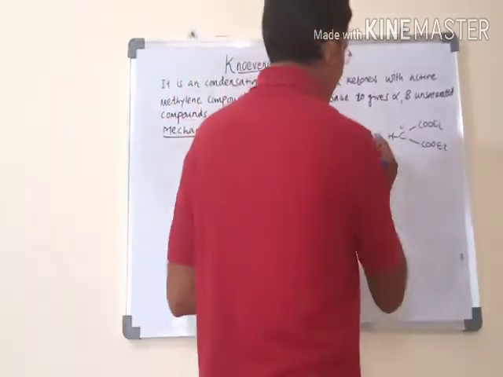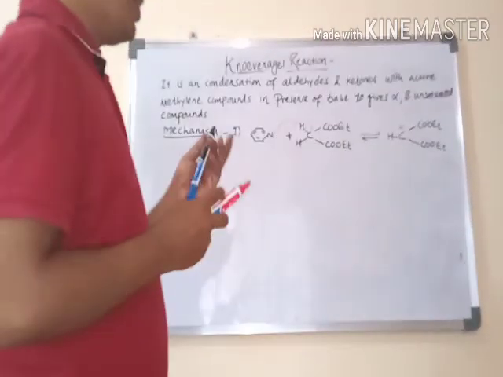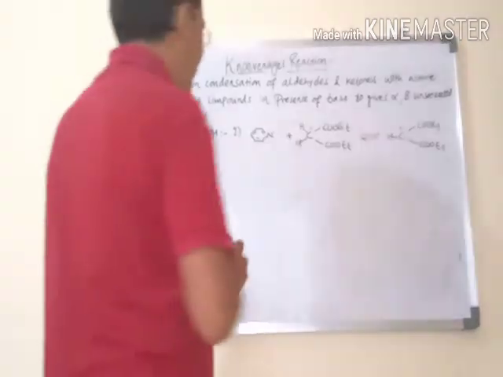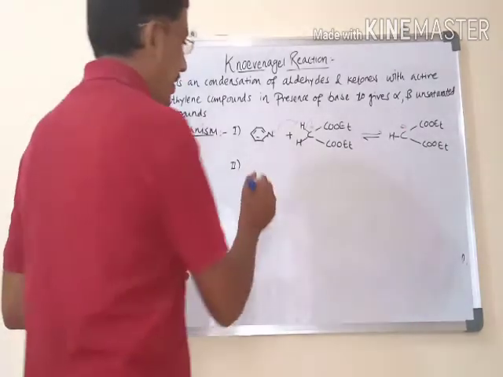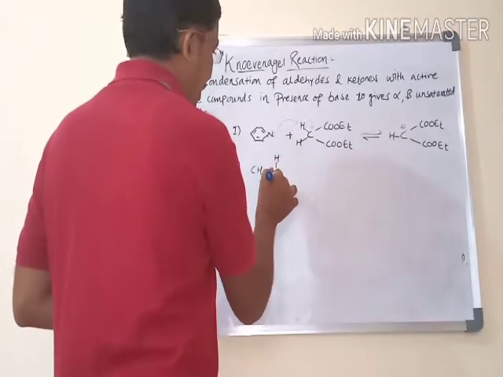Once it generates the negative charge, that is the carbanion, in the second step it acts as a nucleophile. In the second step, what happens? We have the aldehyde molecule CH3CH=O.